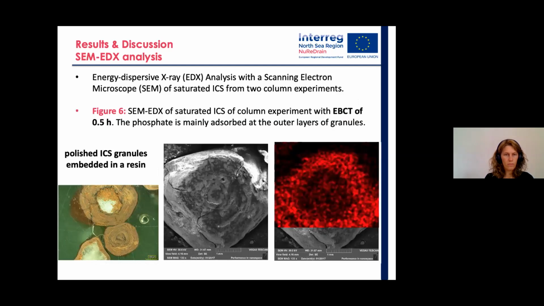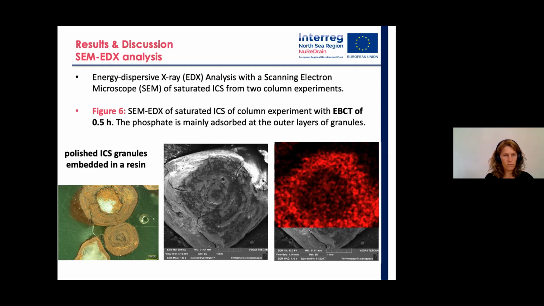What you can see here is the results from the second experiment with the short contact time. We embedded the granules in an epoxy resin, and we polished it until we can see the granule core, so that we can take a picture with an electron microscope.